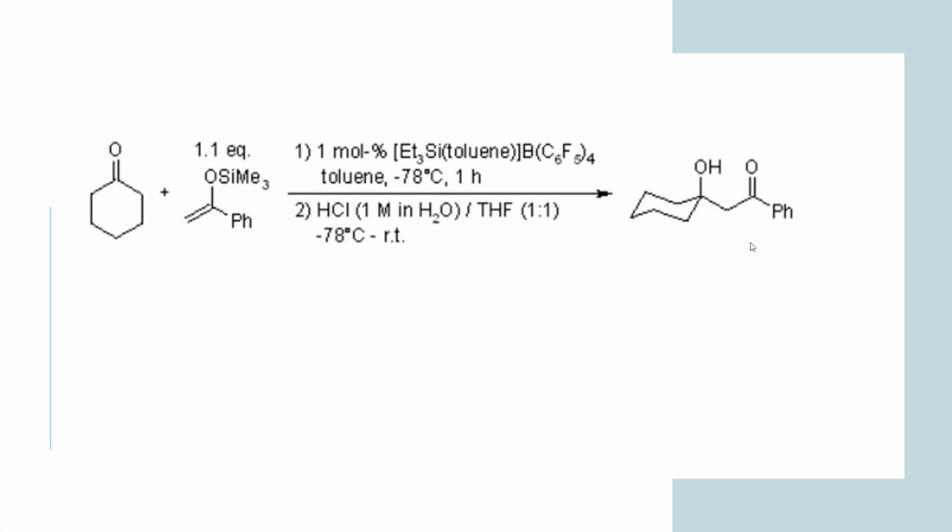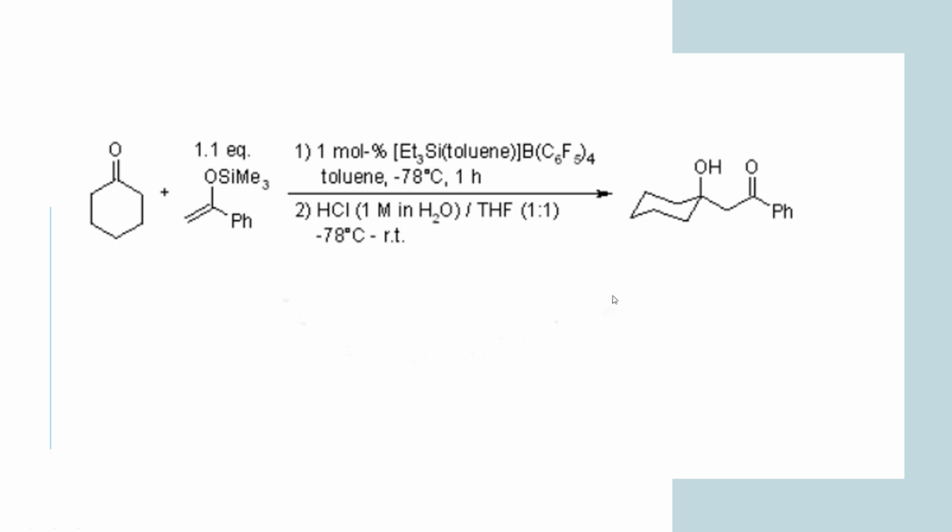If you want to write down the mechanism, you can note down the product and you can try it out at home. If you face any difficulty in working out the mechanism of this particular reaction, how we achieve this product, you can tell me in the next tutorial, and we are going to solve together the mechanism of this particular Mukaiyama aldol reaction.